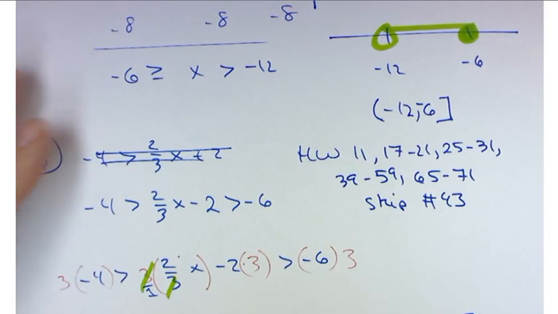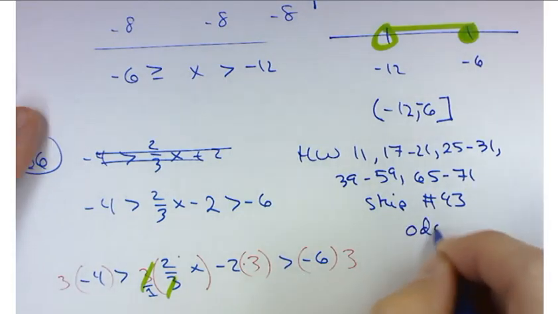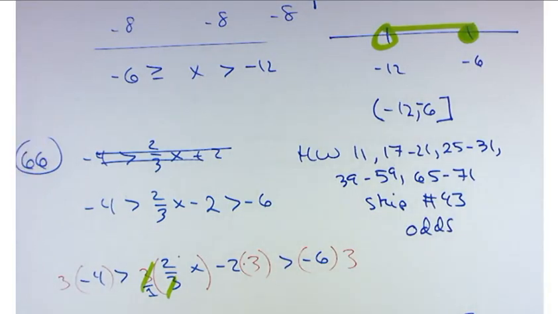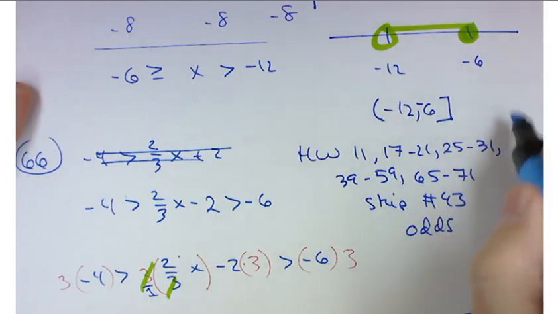These are always just the odds. Yeah, thank you. So I think that's a total of about 24 problems out of 100 possible in the book. So that's not too bad. 24% of what's there.